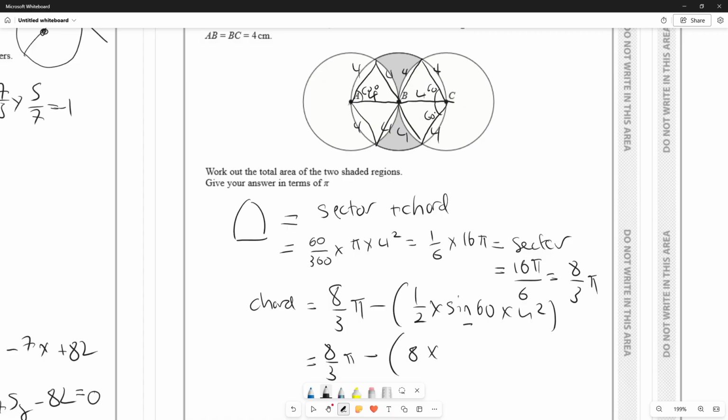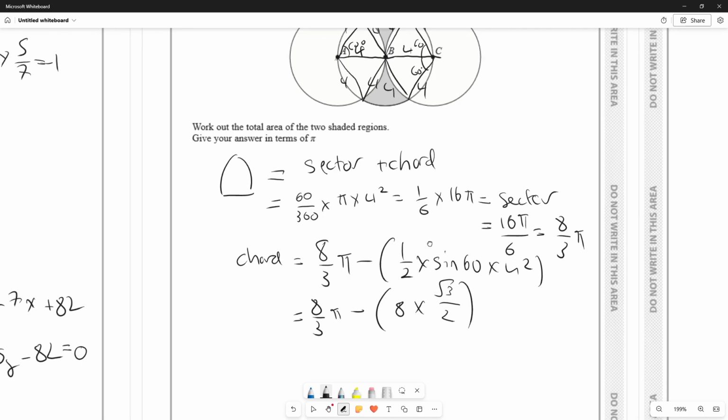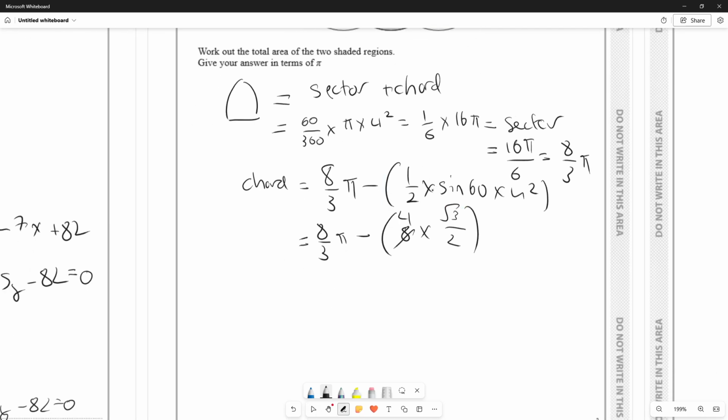Now sin 60 is root 3 over 2, because cos 60 would be half. So the 8 over 2 would be 4 and that would be root 3. 8 over 3 pi minus 4√3.